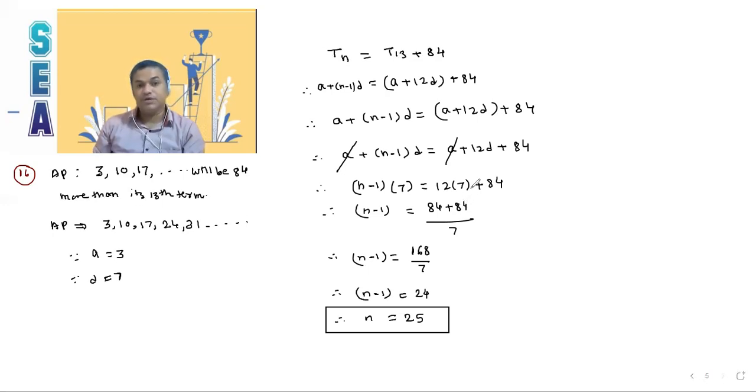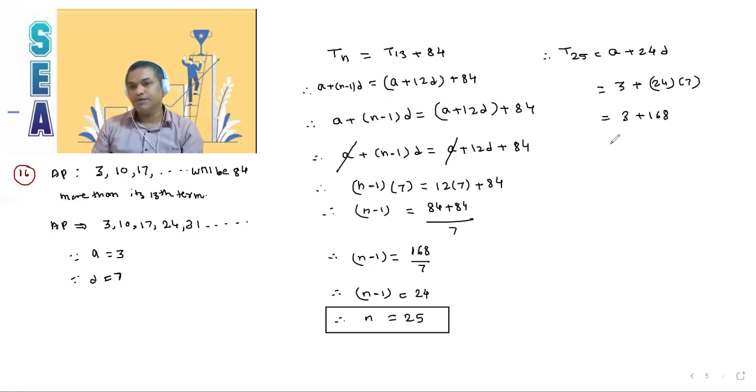So T25 is equal to a plus 24d. Our a here is 3, so 3 plus 24 into 7, which is 3 plus 168, so T25 is 171.